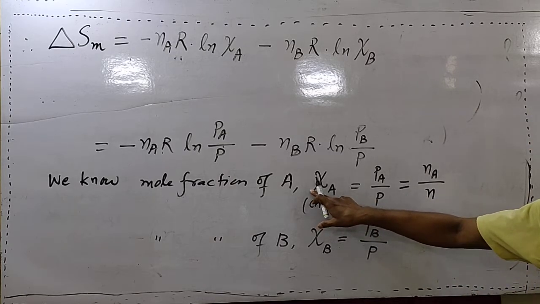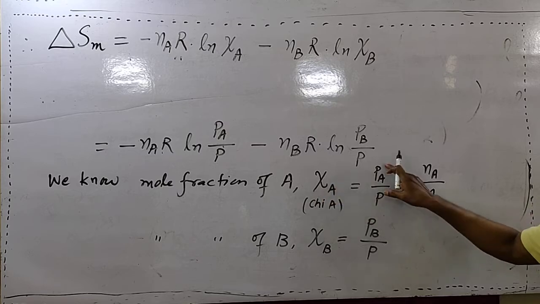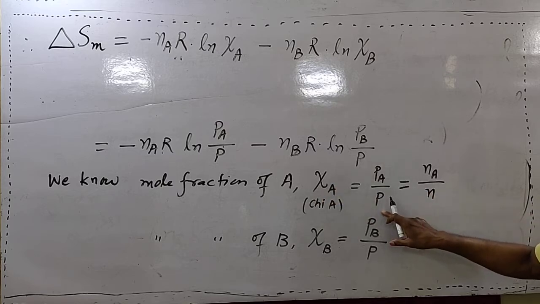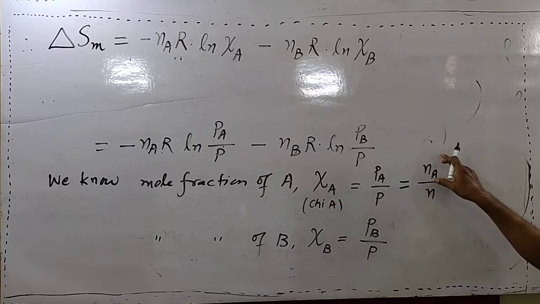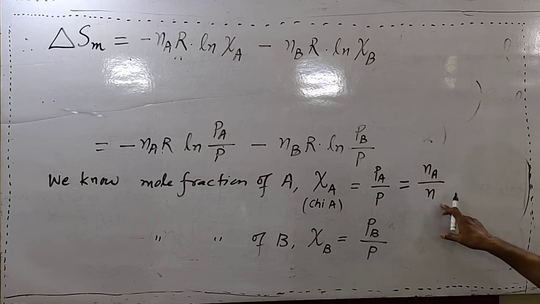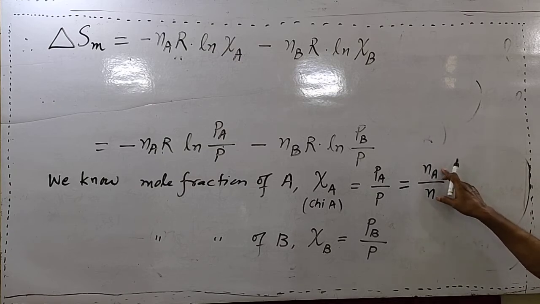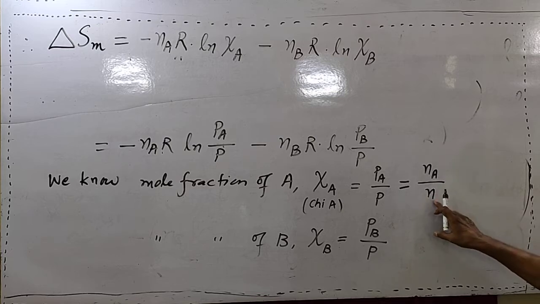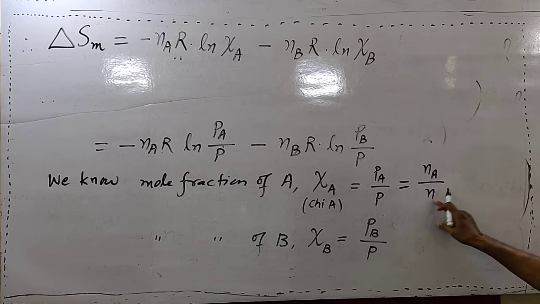So mole fraction of A, chi A is equal to Pa by P, which is equal to Na by N. Na is the number of moles of A and N is the total number of moles in the mixture.